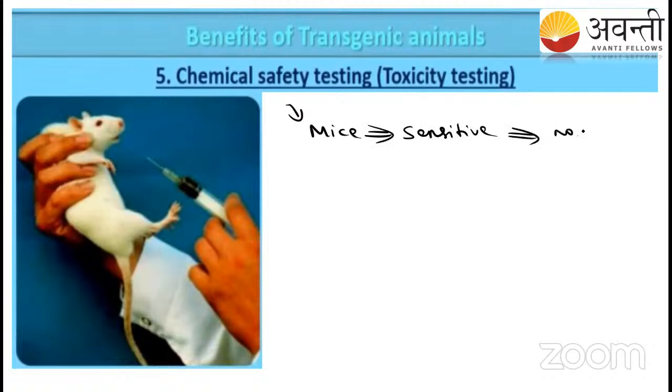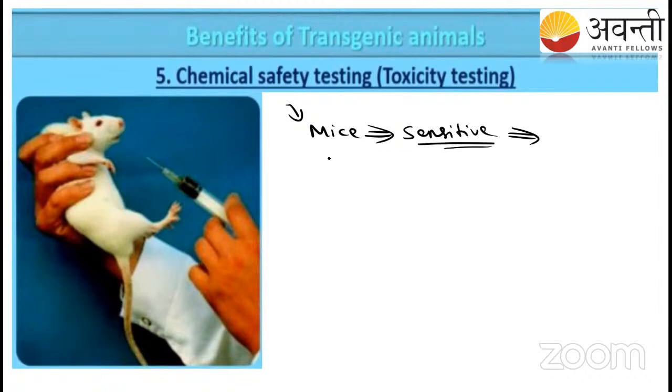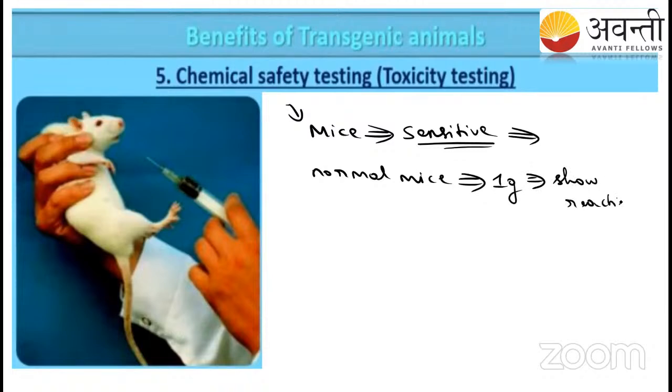For example, for a normal mouse, 1 gram of the chemical will show a reaction. They will produce transgenic mice that will be sensitive to 0.001 gram.